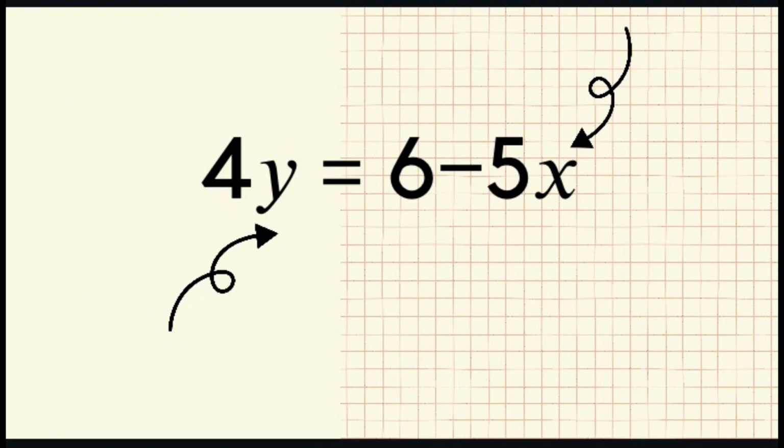Second, it has only one variable in each term. Third, the exponent of the variable in each term is 1, which means the degree of the equation is 1. Fourth, there is no variable in the denominator. And last, there is no variable inside a radical sign.